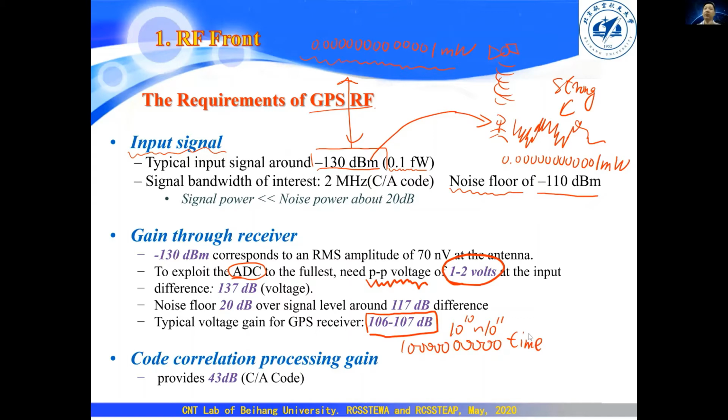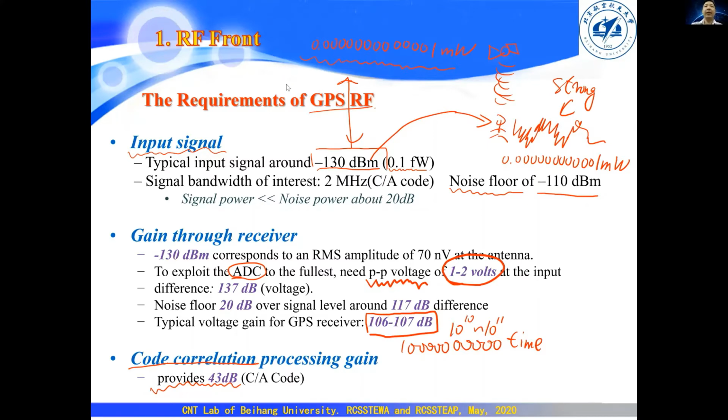The signal needs to be amplified with a very big gain. You also use signal processing technologies, code correlation, to provide an additional 43 dB gain to the signal so that you can process it. This is typically the requirement of the RF front end.